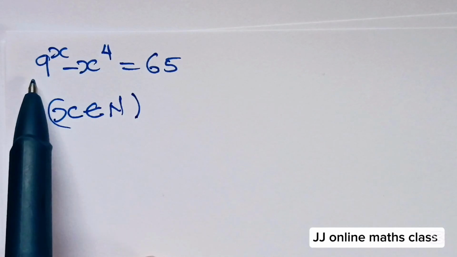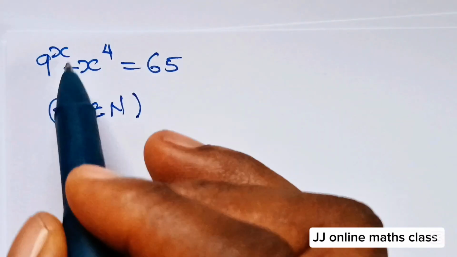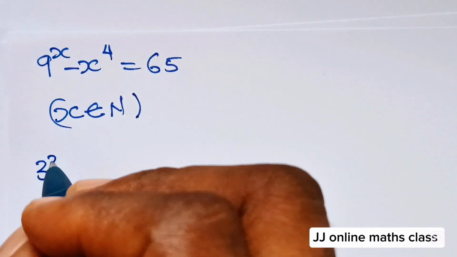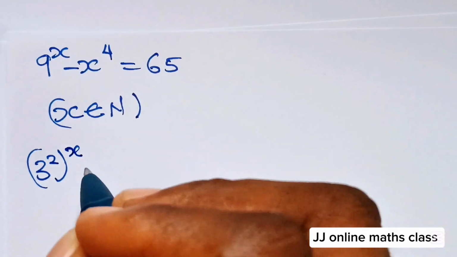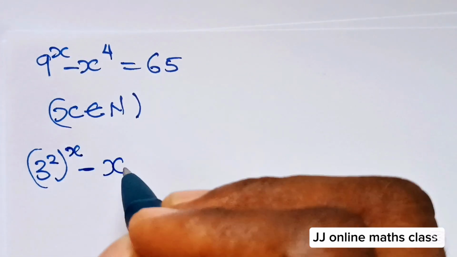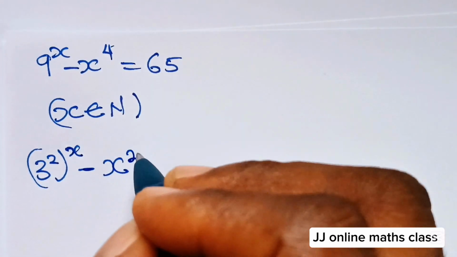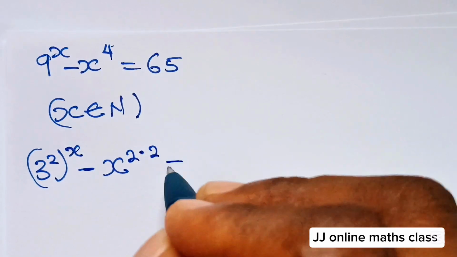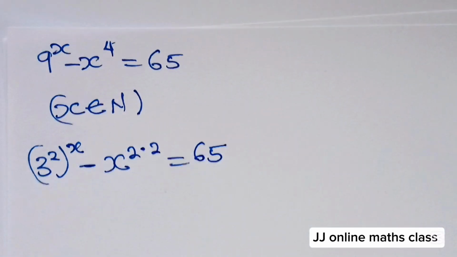So, 9 is the same thing as 3 squared. So we can write this as (3 to the power of 2) raised to the power of x, minus x to the power of 4, which is the same thing as x to the power of 2 times 2, is equal to 65.